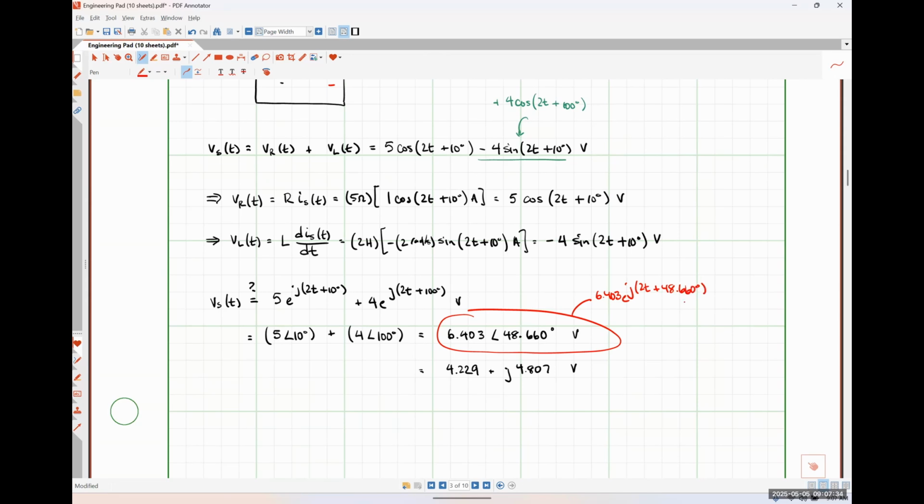And then from here, I'm just going to put it back as a cosine function. And I want to see what happens in Desmos.